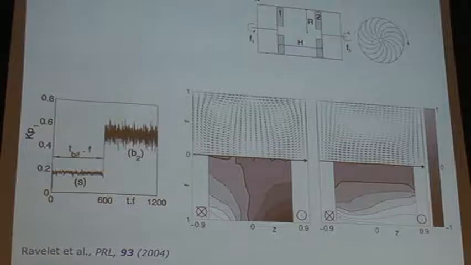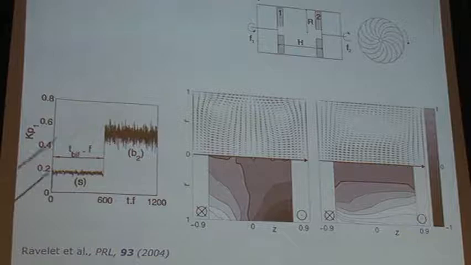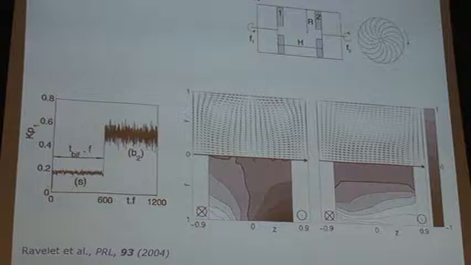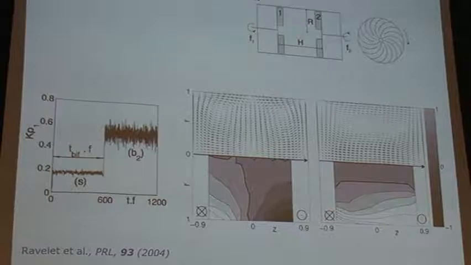This is a very surprising feature: when you force this flow with the impellers rotating at different speeds, if you increase the difference in speed, for a while it remains in a flow configuration that has that symmetry, with the poloidal circulation like this, and the toroidal one which has opposite direction like that.